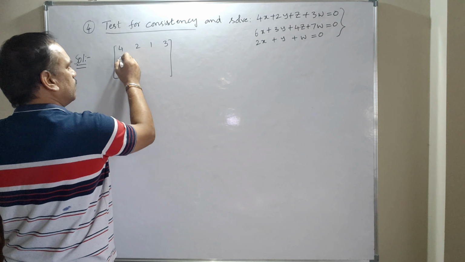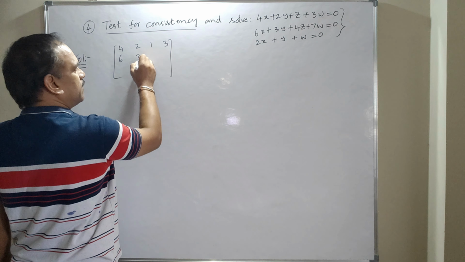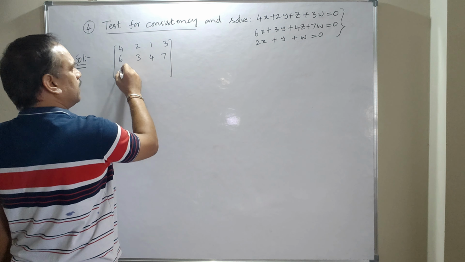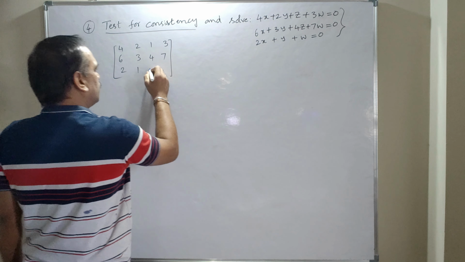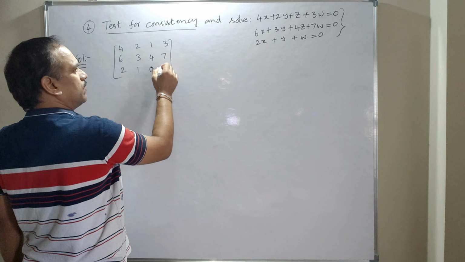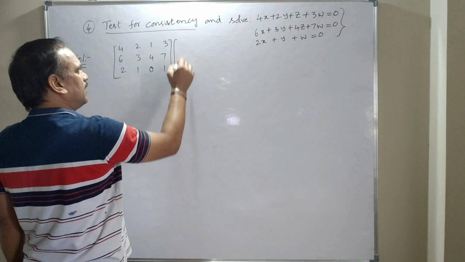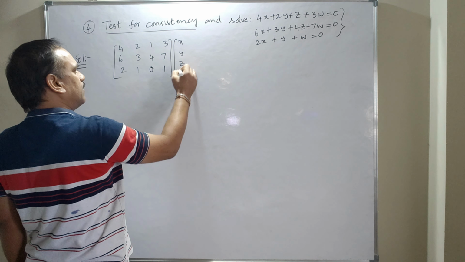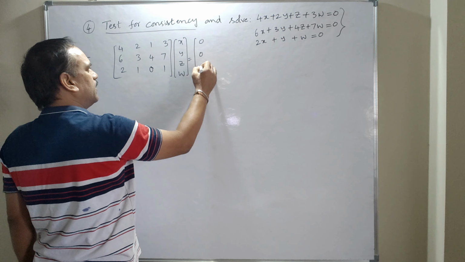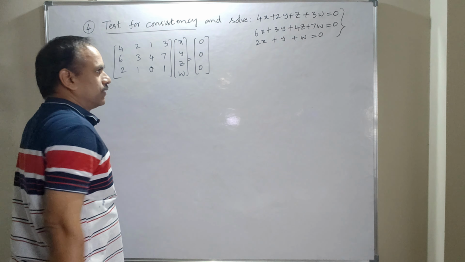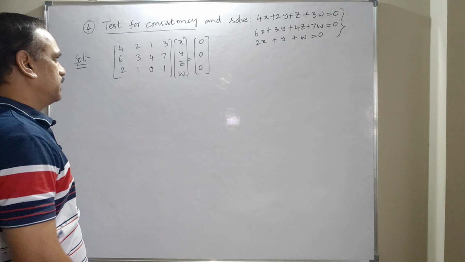So, write the coefficient matrix: 4, 2, 1, 3; 6, 3, 4, 7; 2, 1, 0, 1. There is no z term in the last equation, so the coefficient is 0, and the coefficient of w is 1. You have 4 unknowns, but only 3 equations.